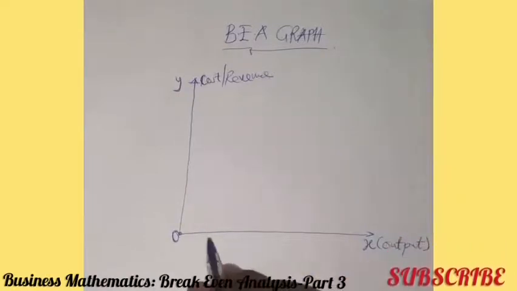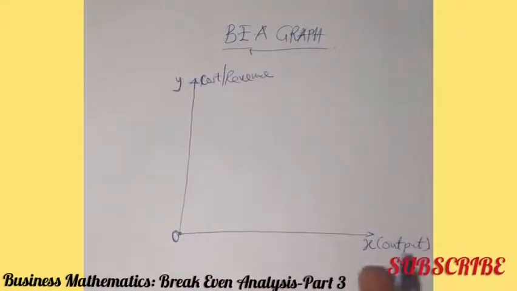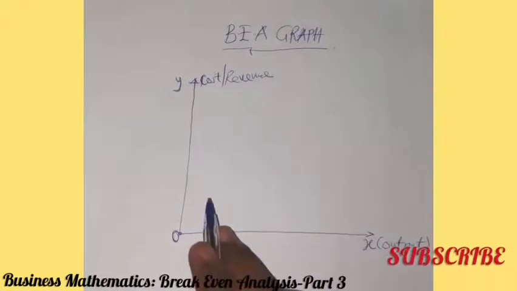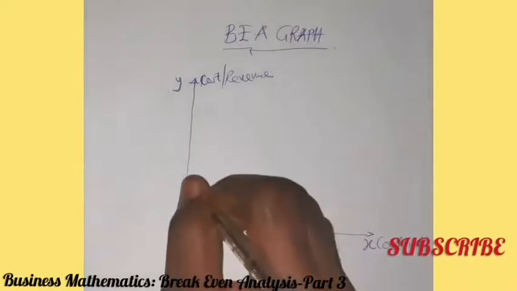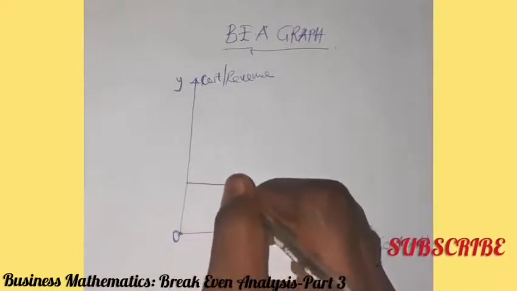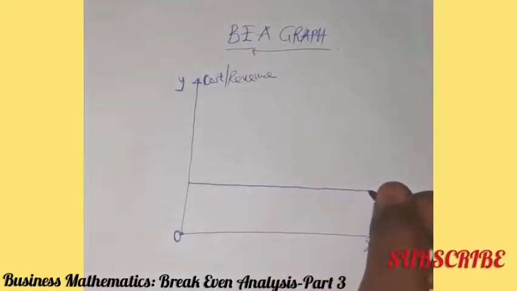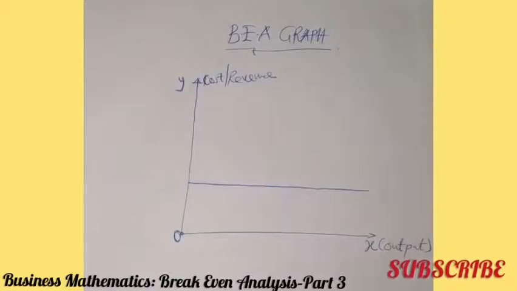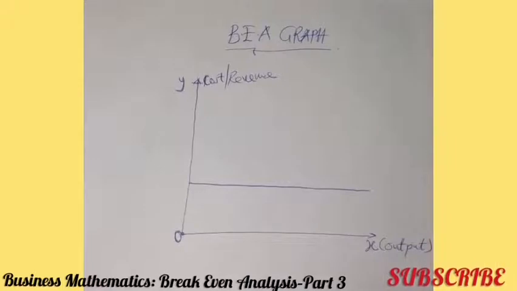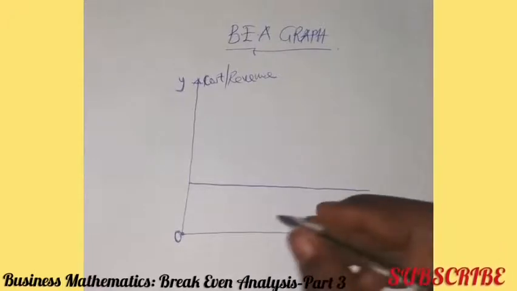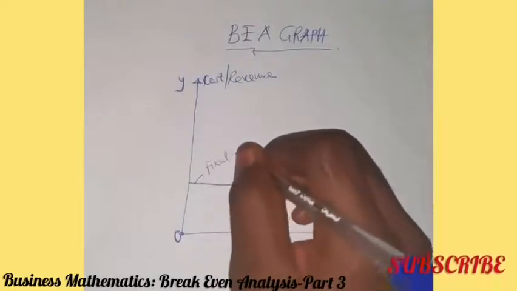Right, but on the cost or revenue line, there's also another line that can be drawn. It touches the cost or revenue line. Let's say we draw that line from here to this side. It's always parallel to the horizontal line, but perpendicular to the vertical line, which is the cost or revenue line, and we call this line your fixed cost line.